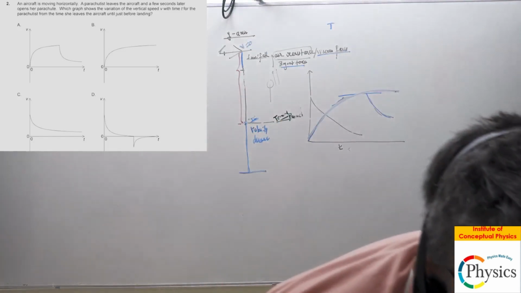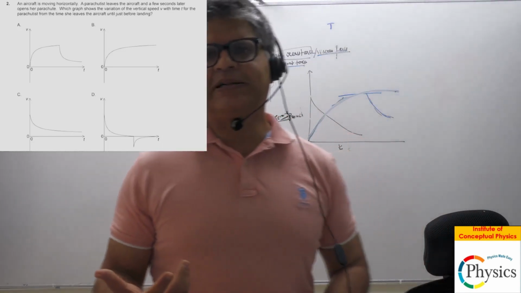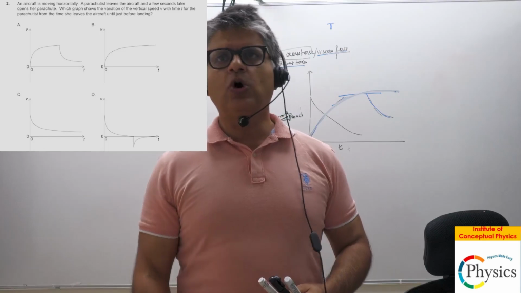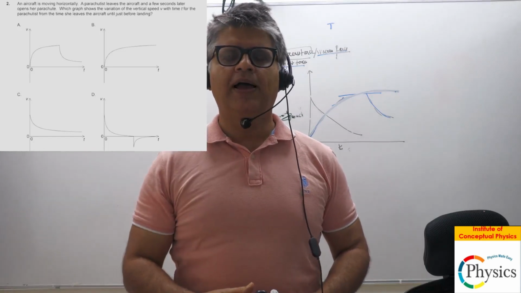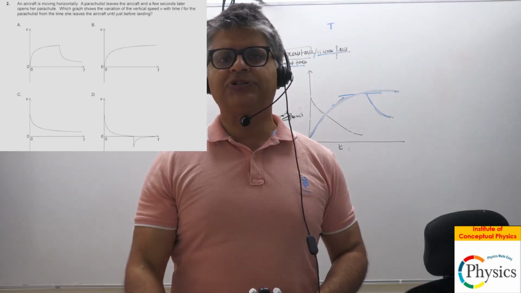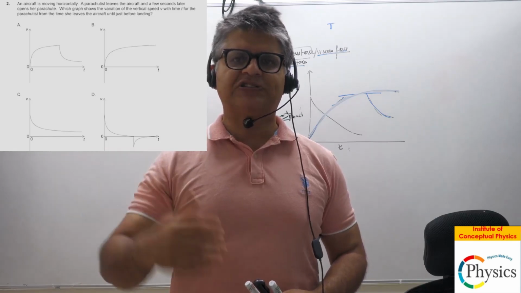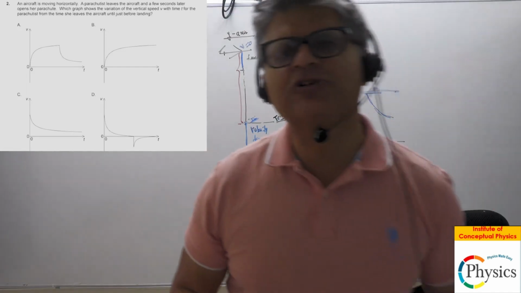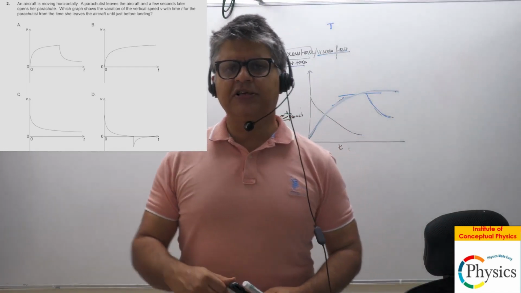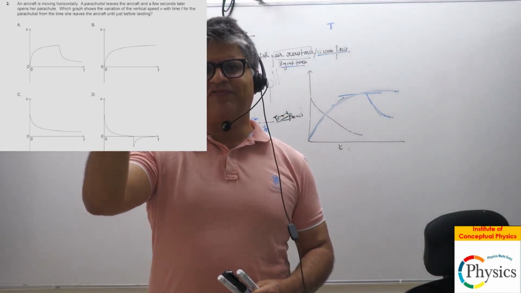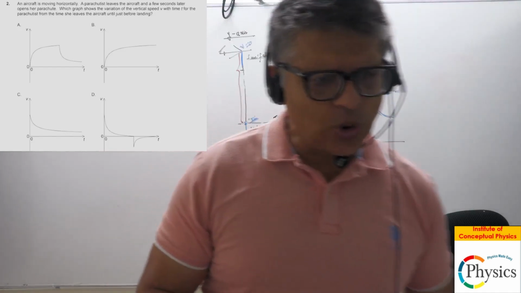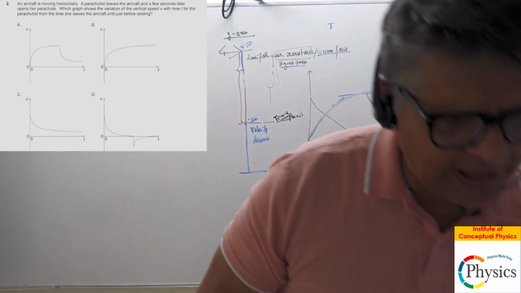And choice number D shows the velocity becoming negative, which means you go up, as you open the parachute, your direction of the velocity probably changes. So I think it is wrong also because it shows the velocity to be some value at t equal to 0. So the correct choice is choice number A.